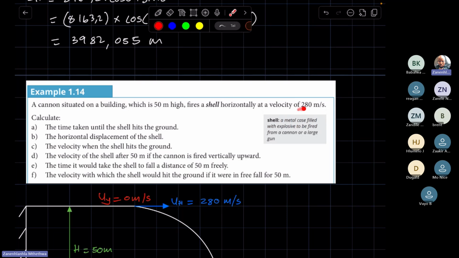As soon as this cannon was fired, it is still 280, or we are still going to assume it's 280. The only difference is that now this will be the initial velocity along the vertical, seeing that the scenario has changed.